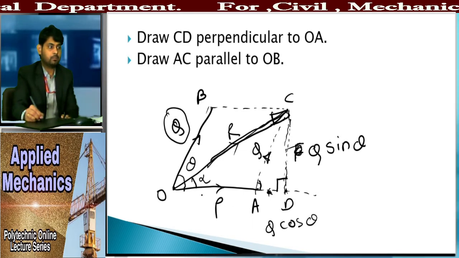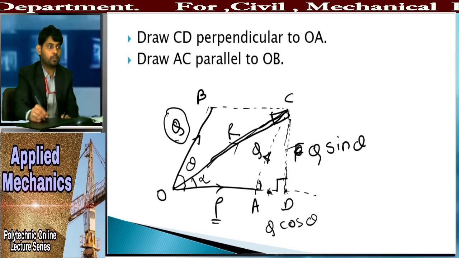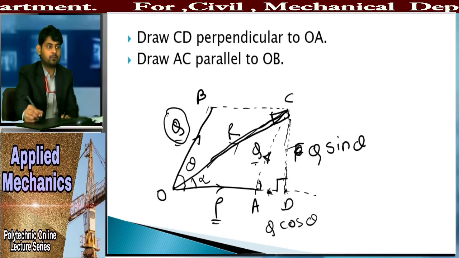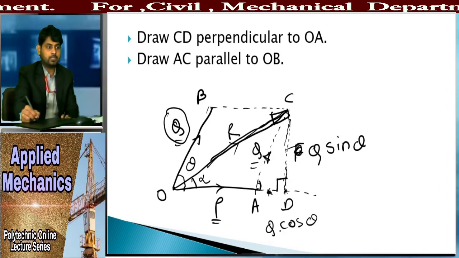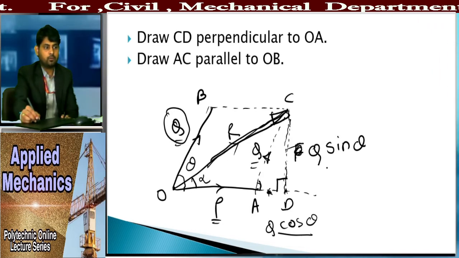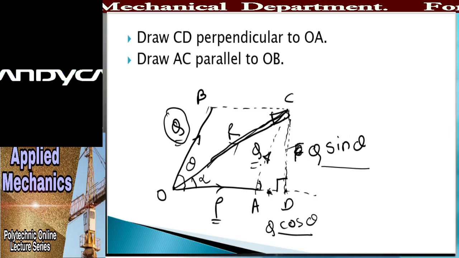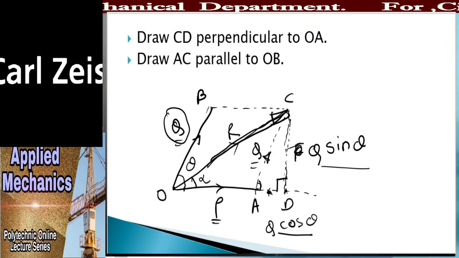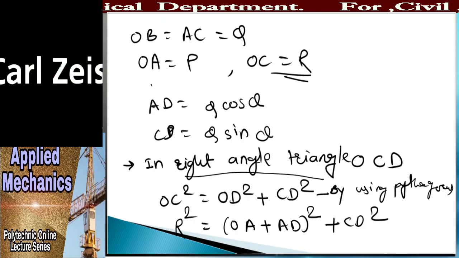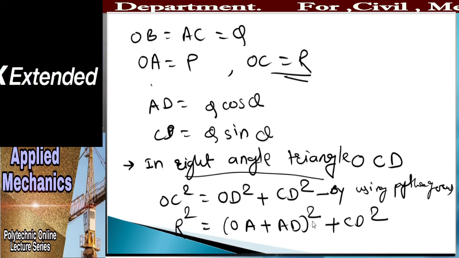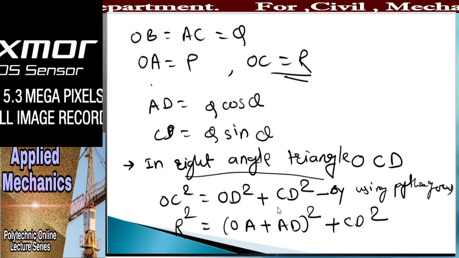OA is nothing but P, OB is equal to Q, AC is equal to Q, then AD is equal to Q cos theta, and CD is equal to Q sin theta. All these terms we discussed in the previous lecture.